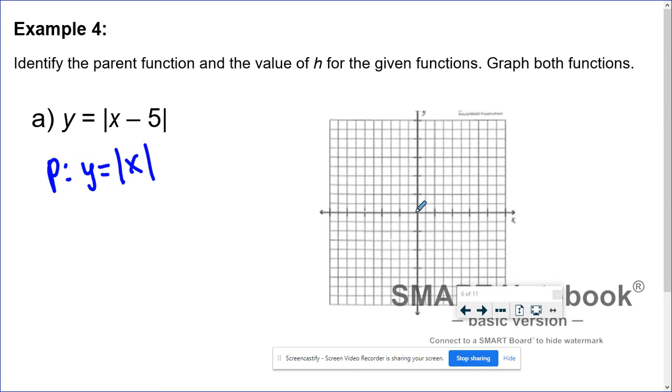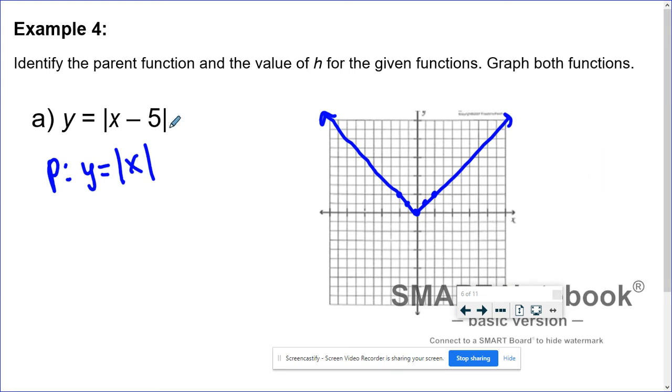Y equals the absolute value of x, and every parent function starts at the origin. And then you just apply the slope. The slope here is 1 because there is no number. So you go up 1, right 1 a couple times, and you also go left, and that gives you the picture of the shape here. All right, so that's the parent function.